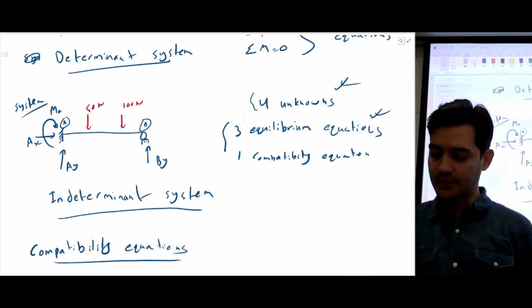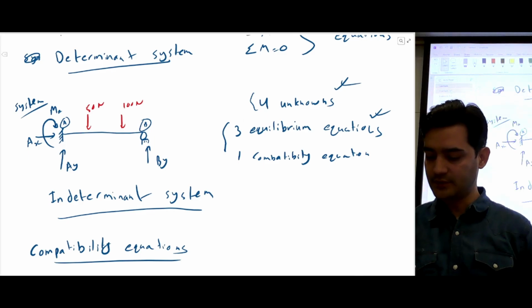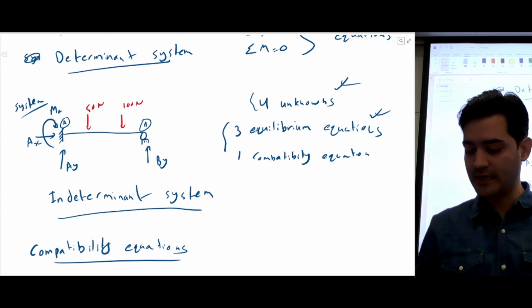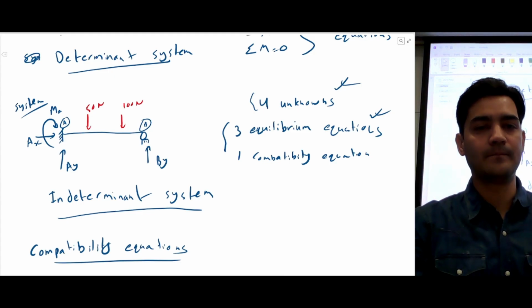Example 3.1 says you have two right circular cylinders loaded in uniaxial stress configurations.